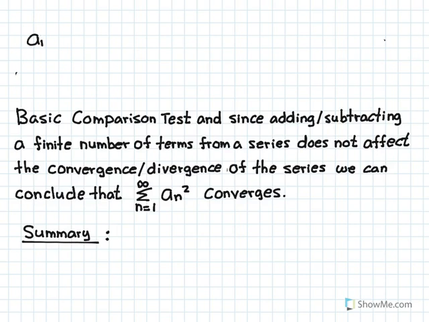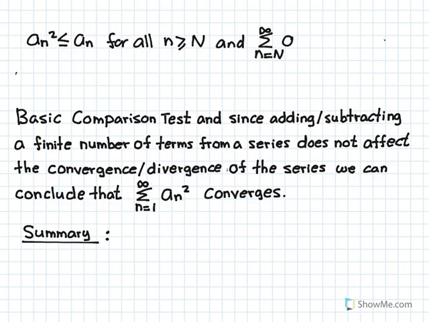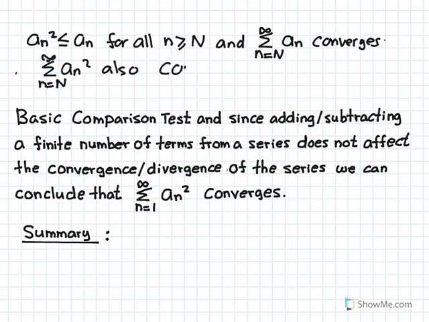Now, since a_n squared is less than or equal to a_n for all n larger or equal to capital N, and we know that the summation from n equals capital N to infinity of a_n converges by assumption, then the summation of a_n squared from n equals N to infinity also converges by the basic comparison test.